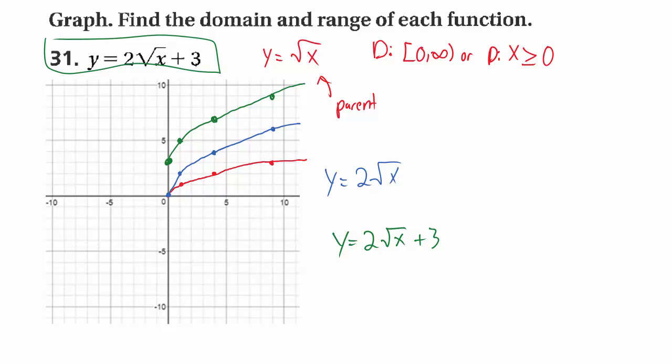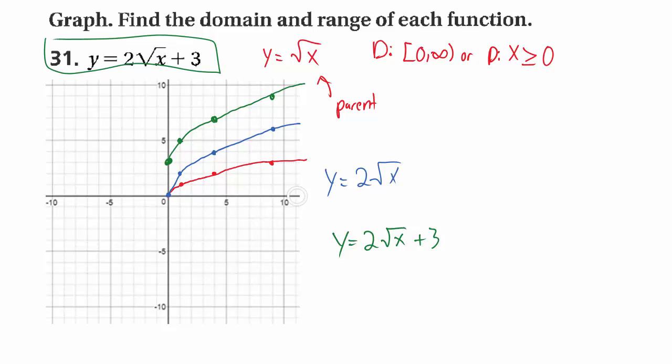Now, the range is a little harder to tell unless you're familiar with the graph, but you're going to be asked to graph these. So you should be able to see the range from there. Well, let's look at the range of just the red function. So the red parent function, just square root of x, we don't seem to be hitting any negative values, but we do seem to be hitting all kinds of positive values. And even though the positive values on this graph stop at about 3 or 4, they're going to keep going.